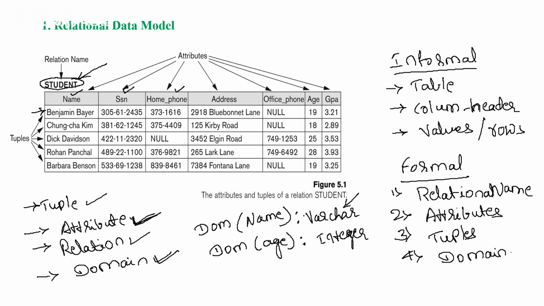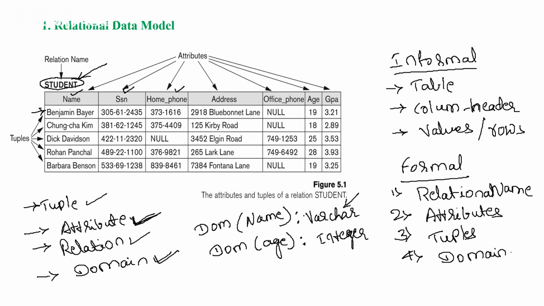So each domain will describe the logical definition and format of how this domain value should be and what data type has been described for that attribute or column. That is a logical definition which specifies the data type of an attribute, as well as the format which indicates how physically that value will be stored or saved in the memory location.